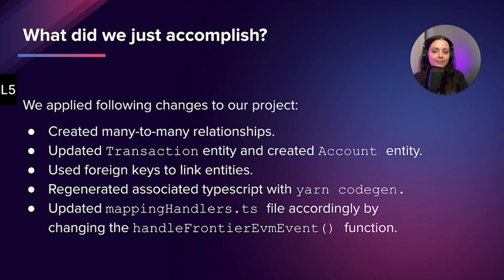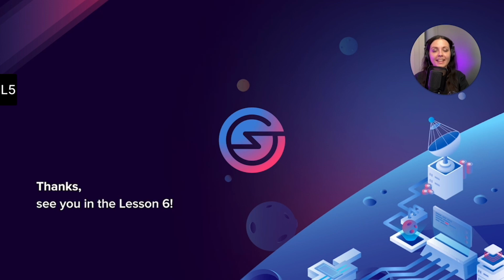We regenerated the associated TypeScript with yarn codegen as always, and we updated the mapping handlers file accordingly. We needed to apply some changes to the handleFrontierEvmEvent function in this file. So that's it. We finished another lesson. I hope you had a lot of fun changing your project, and I see you in lesson 6. Bye.